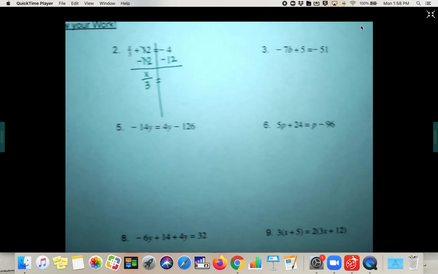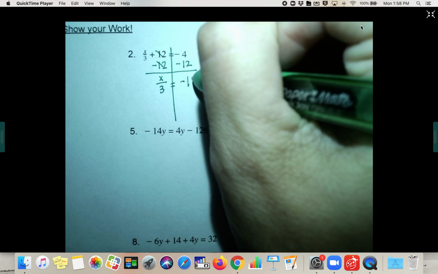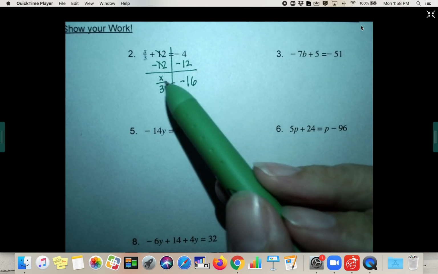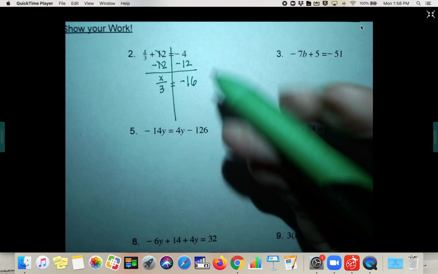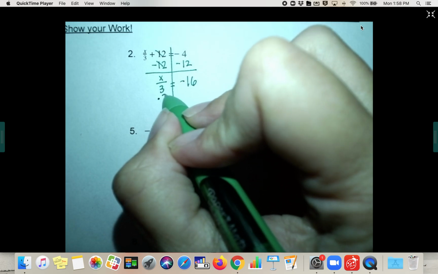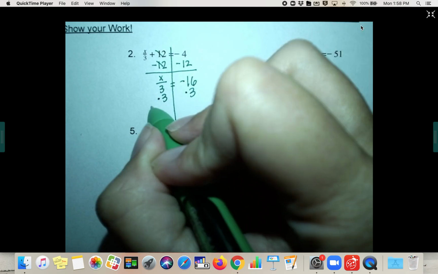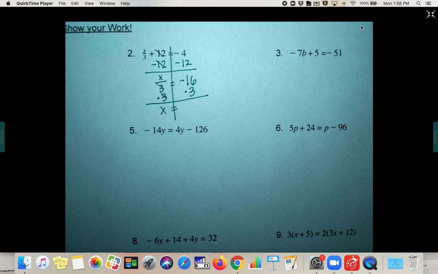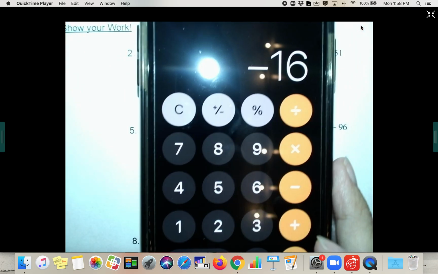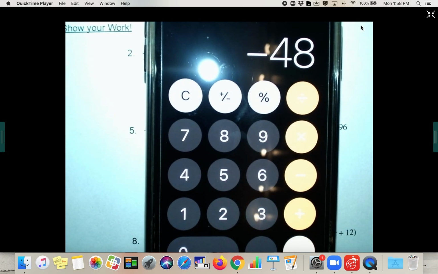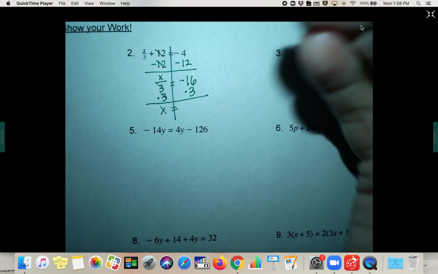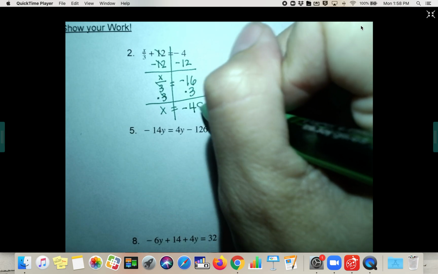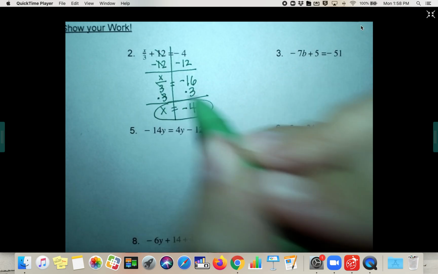That is negative 16. All right, and then the last step, x is being divided by 3, so you're going to do the opposite, which is multiply by 3 on both sides, and that would be negative 16 times 3, so I still have negative 16 on here from before, times 3 is negative 48. Be careful with your positives and negatives.